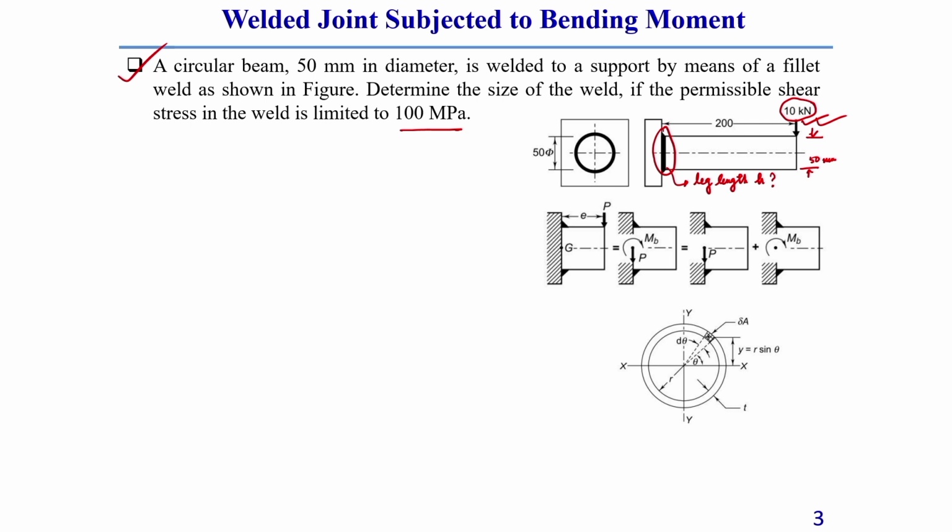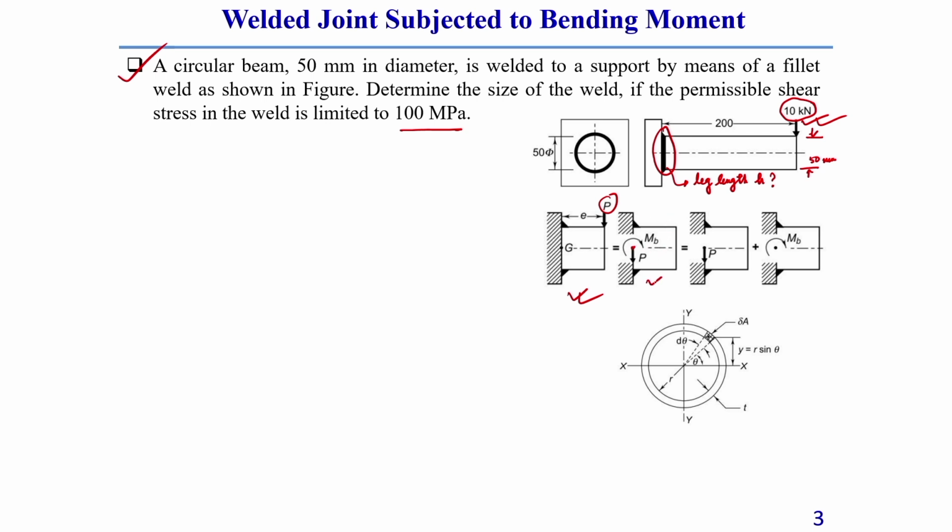So, how to solve this problem? I have already discussed this in the last lecture itself. Let this be a transverse load P. For this transverse load case, that means for this beam case, we first shift this load P from this location to the CG of this weld.